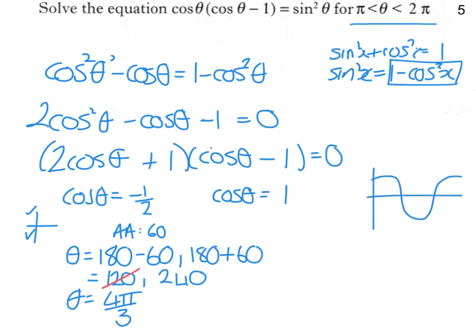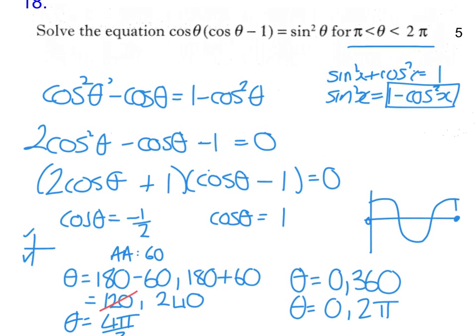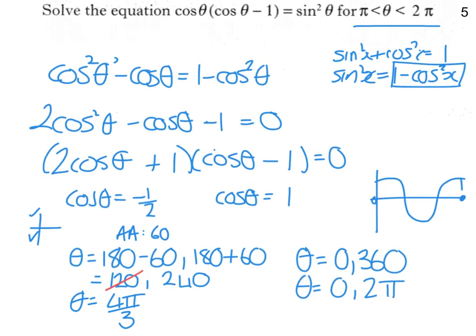So cos theta is equal to 1 at 0 and 360, which is 0 and 2 pi. But again, it wanted the answers between 180 and 360, so we can't really include either of those because it didn't have the less than or equal to sign. So both of these are out with the range. So the only final answer we've got here is theta equals 4 pi over 3.